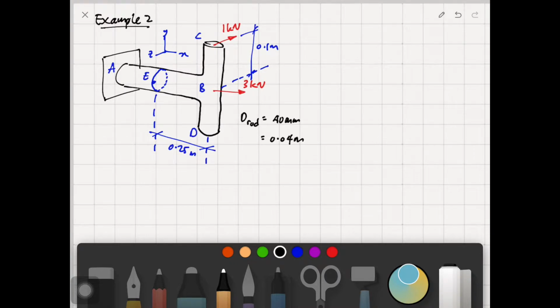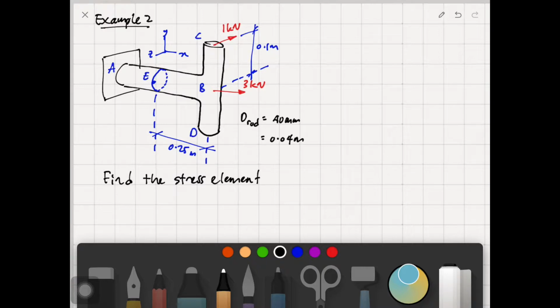Now we have this question right here, and the question asks to find the stress element. Previously I wrote RVE. RVE stands for representative volumetric element.